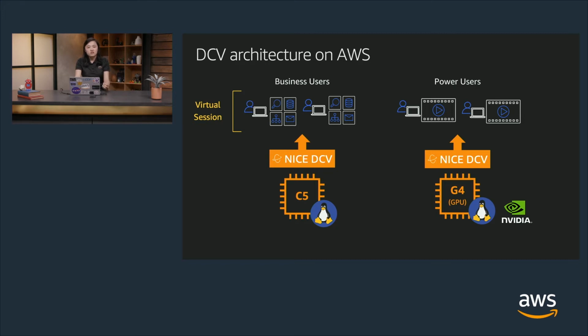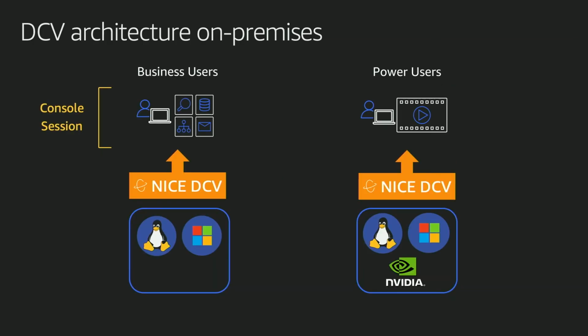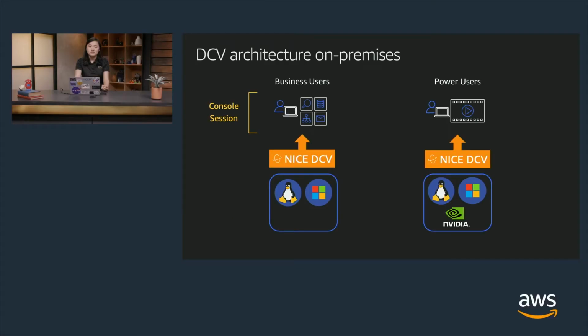Please note that virtual sessions is a Linux-only feature. It doesn't work for Windows. On the right-hand side, for power users, you can also create multiple virtual sessions, and these sessions can share one or more GPUs.